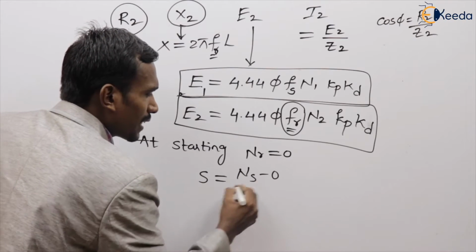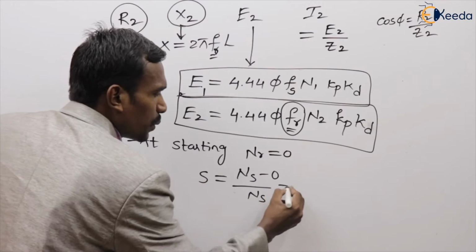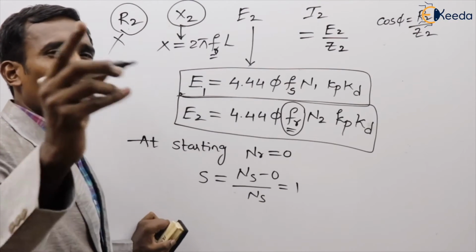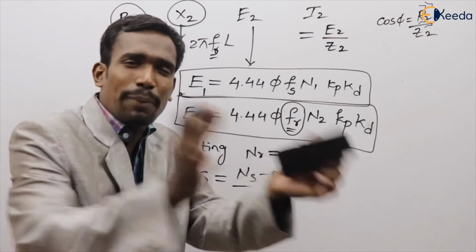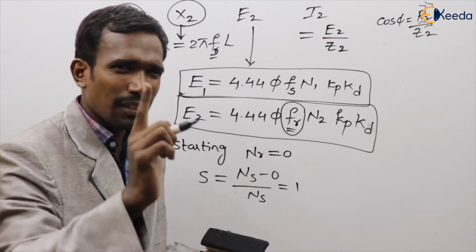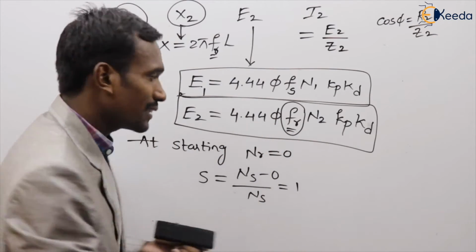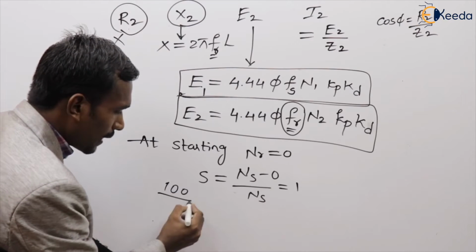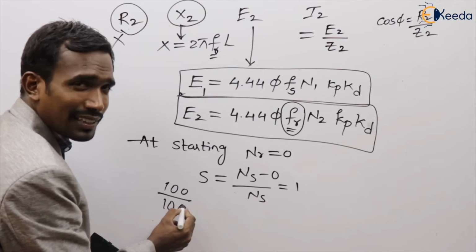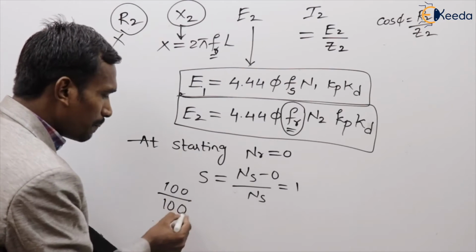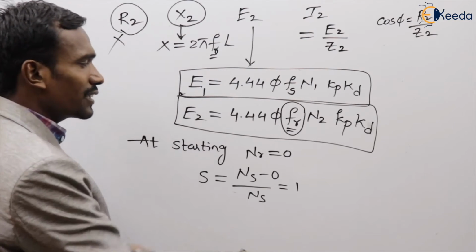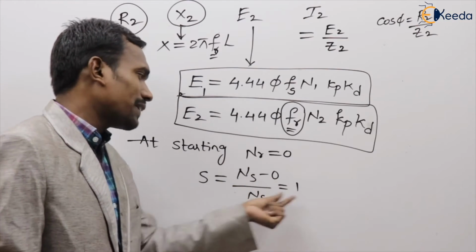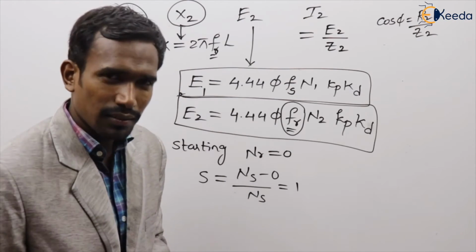(Ns minus Nr) by Ns. The slip value is 1. Slip 1 is nothing but 100% slip. 100% is nothing but 1, right? So when starting, Nr is equal to 0, 100% slip, s is equal to 1.